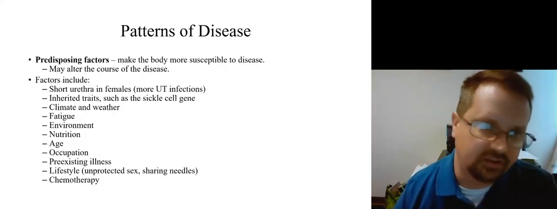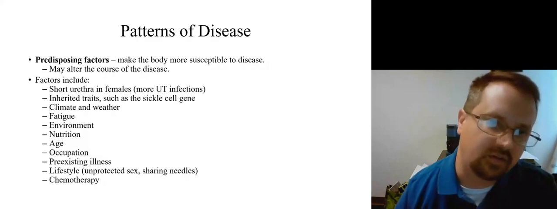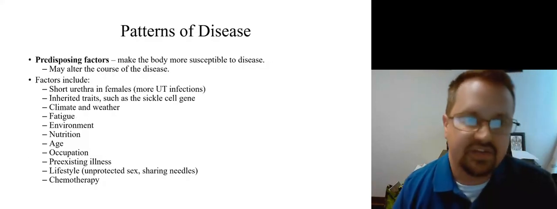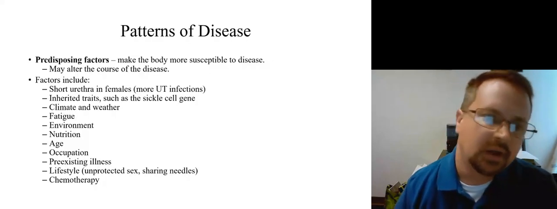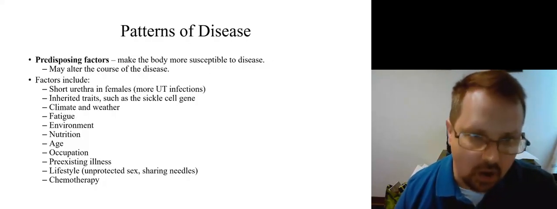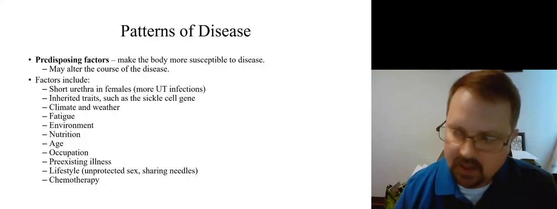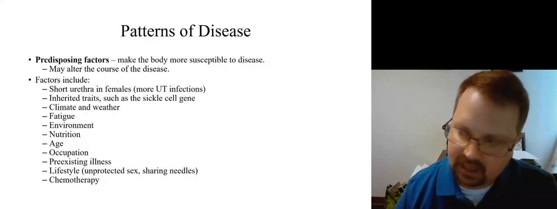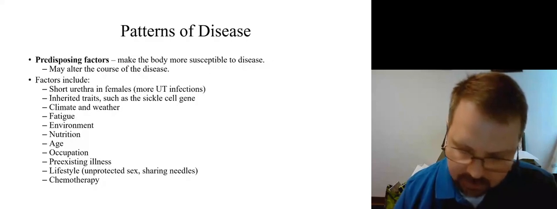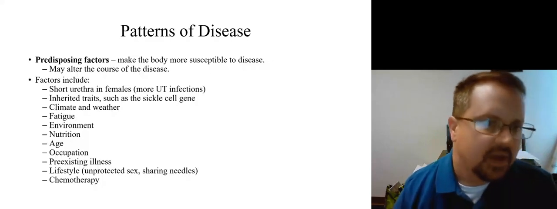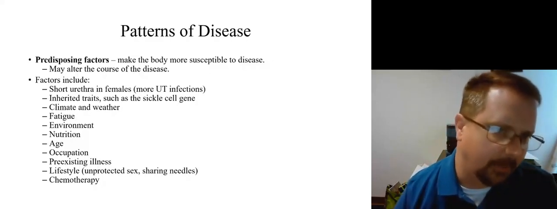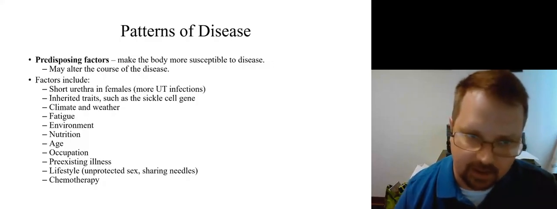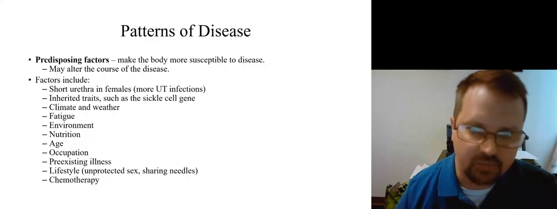There are other things that cause disease, like predisposing factors that make you more susceptible to disease. Things like, for example, that we now know, having diabetes and things like that. But there are other ones I want to talk about. A short urethra in females makes UTI infections more prevalent.